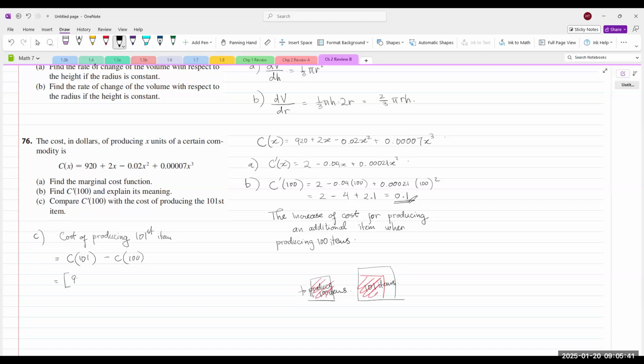This is 920 plus 2 times 101 minus 0.02 times 101 squared plus 0.00007 times 101 cubed, minus 920 plus 2 times 100. This is the cost of producing 100 items.